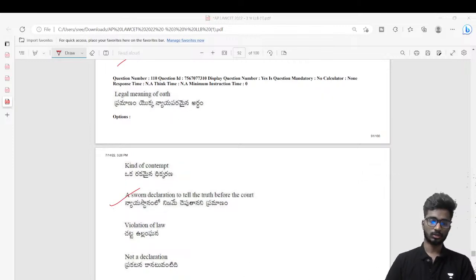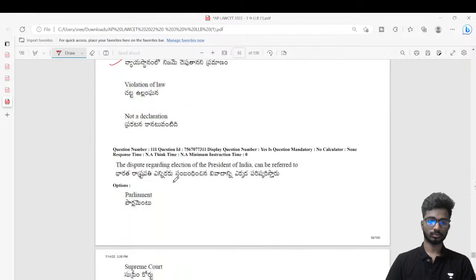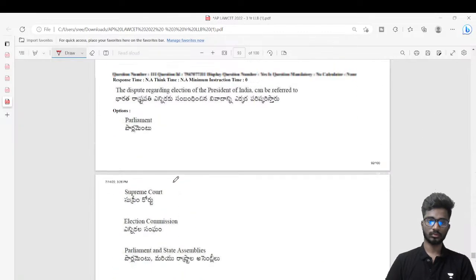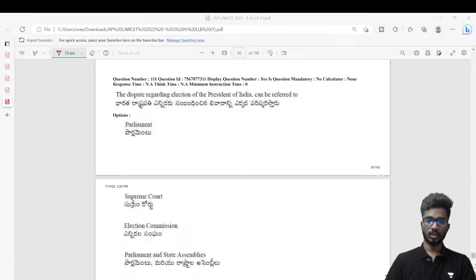Next. The dispute regarding the election of the President of India can be referred to.